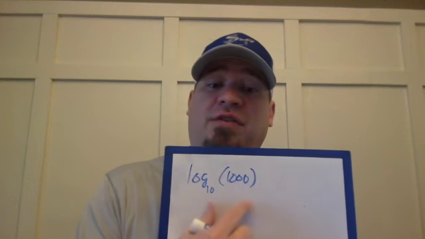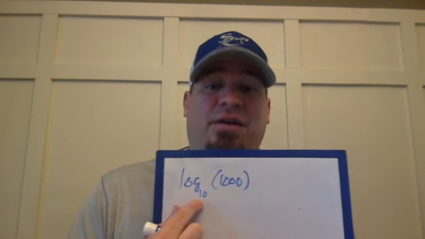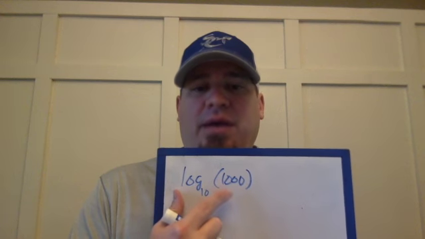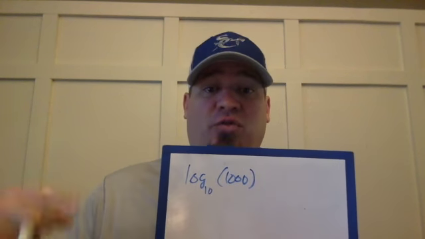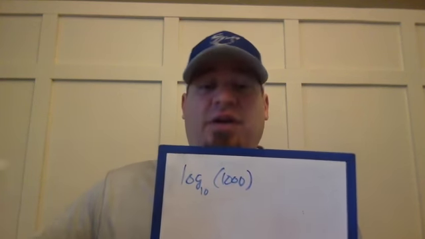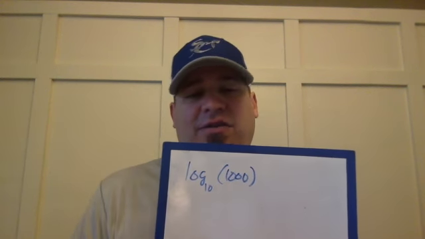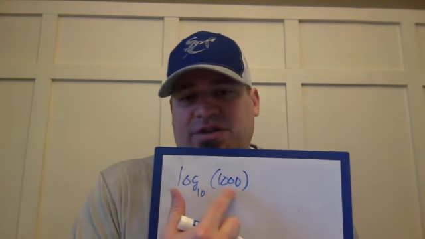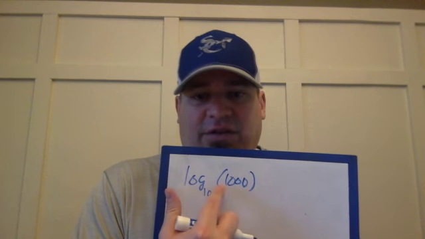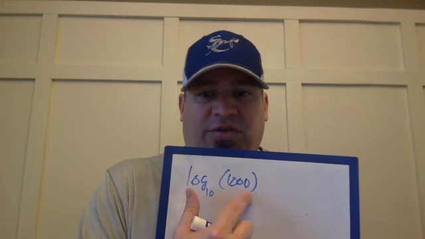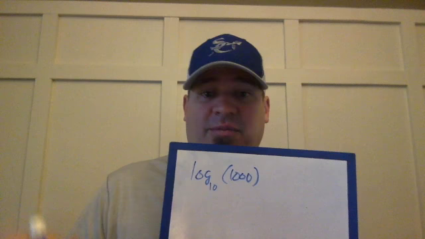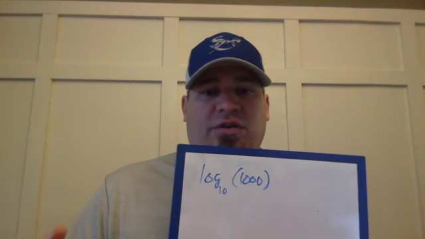So what this is asking is 10 to what power gives me 1,000? How many times do I multiply 10 by itself to give me 1,000? And the easiest way to do these types of questions is how many zeros does it have in it? If there's a 1 in front of it, then there's 3 zeros, so 10 times 10 times 10 equals 1,000.